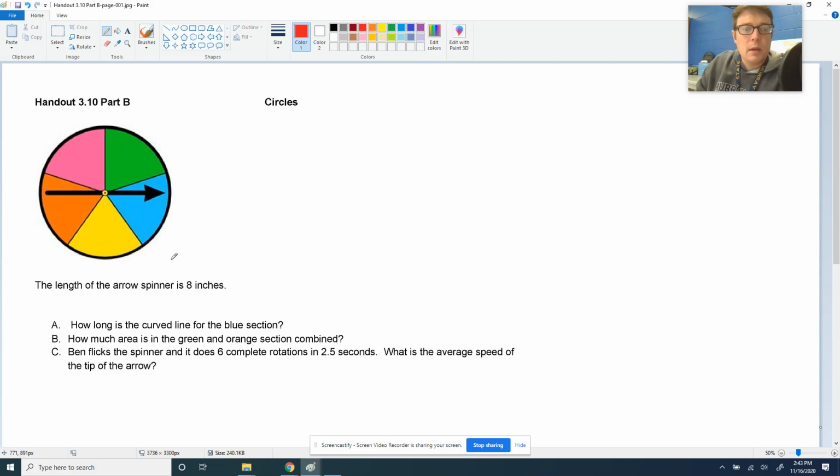And we already know that the length of the arrow spinner is 8 inches. So we know that from this distance all the way across it, it has essentially a diameter of 8 that's given to us here. And then we have to answer these questions. Now, some of these questions are a little tough, so let's look at them.